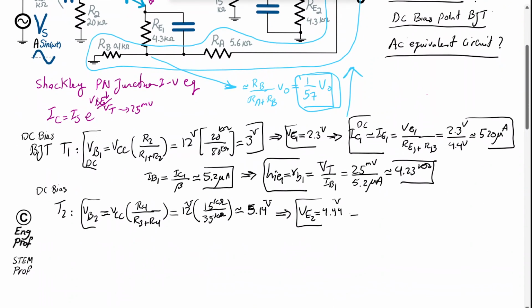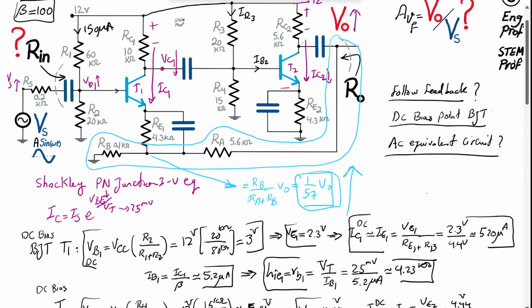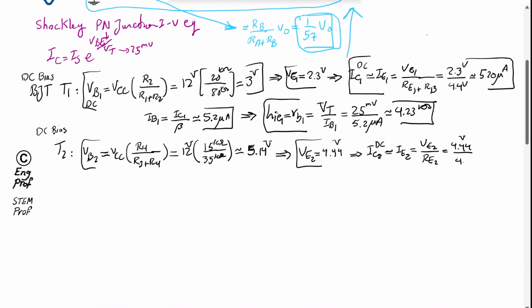So I can say, therefore, IC of transistor 2 DC is equal to roughly, because of the large beta, IE2, which is the voltage of the emitter of transistor 2 divided by RE2. In this case, we're talking about 4.44 volt divided by RE2, which is 4.3K, which gives us an emitter, collector current roughly on the order of 1.03 milliamp.